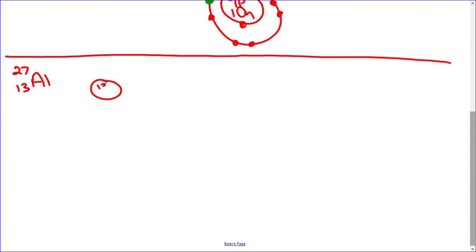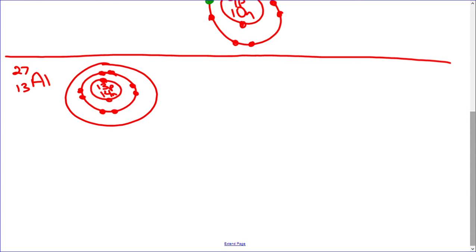And so we have 13 protons, we have 14 neutrons, 13 protons, 1 and 2, 3, 4, 5, 6, 7, 8, 9, 10, 11, 12, and 13. So 13 protons matches up with our 13 electrons going around its outside shell.